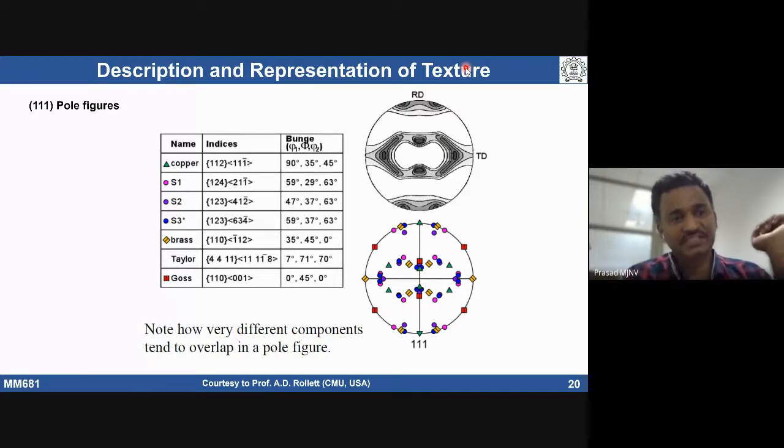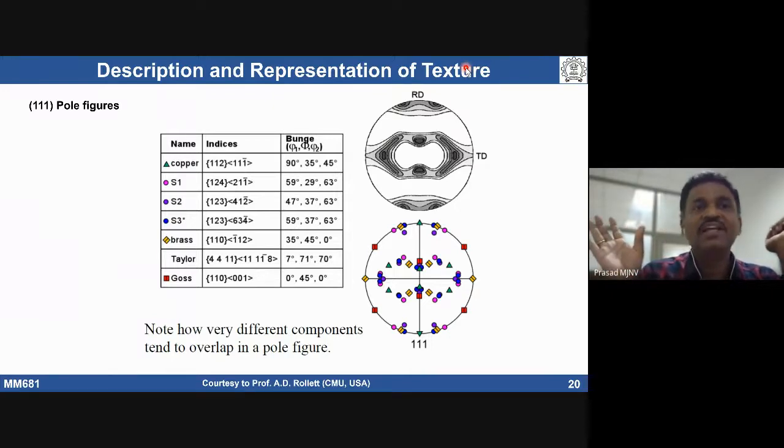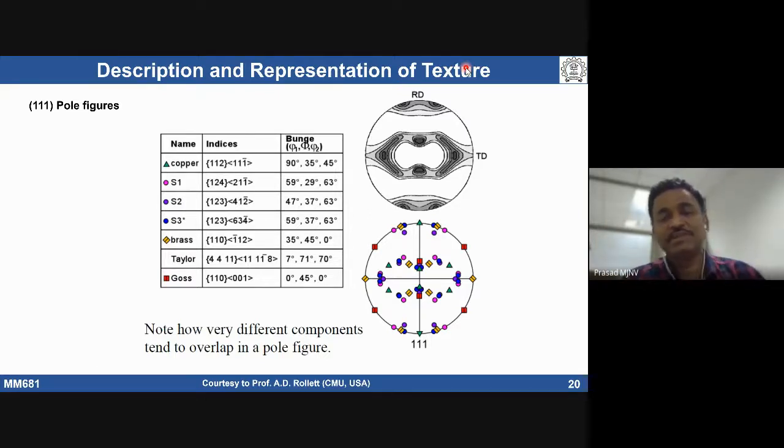You collect information around the 111 pole. For nickel or copper, it comes around 40 degrees for the first one. So we collect all the 111 grains by giving some oscillation to the sample, rotating the sample to 40 degrees, and collecting the information.